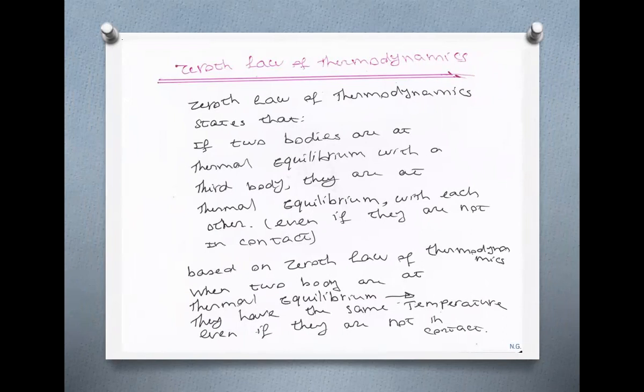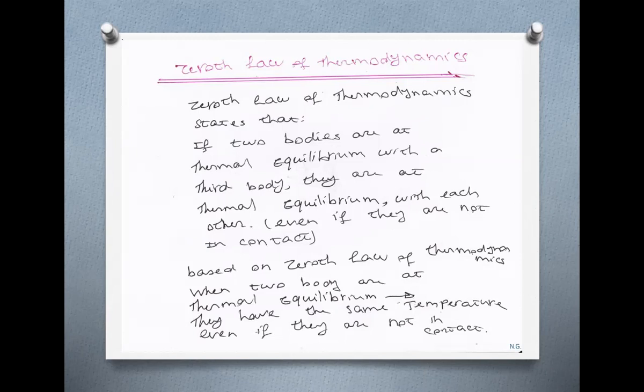Because if there is, imagine there is body one and body three, and there is body two. And body one and two are at thermal equilibrium, meaning that there will be no heat transfer between them because they have the same temperature. And body three and body two are at thermal equilibrium because they have the same temperature and there is no heat transfer between them.